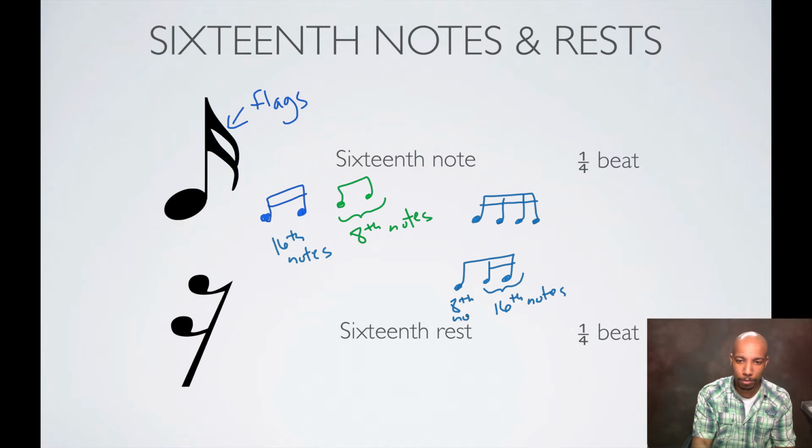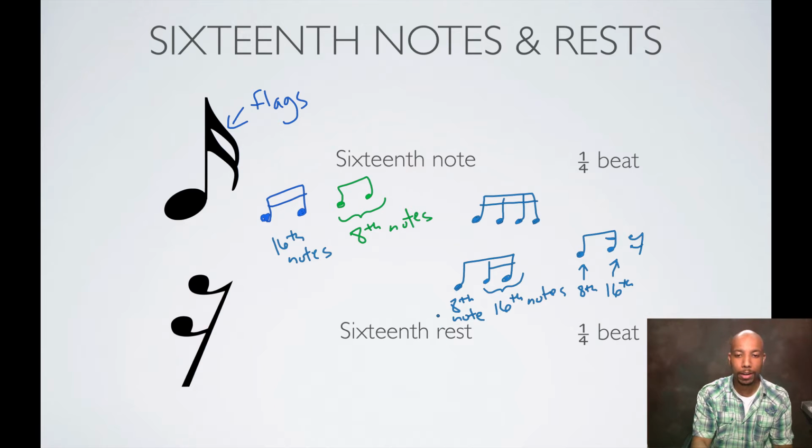There are many variations of this. You can even get a 16th note with an 8th note. Here's our 16th note, here is our single 8th note, and then we might have a 16th rest after that. So many different ways to write this. The main thing, like I said: if the stem is touching 2 bars, it's a 16th note. If the stem is touching 1 bar, it's an 8th note.